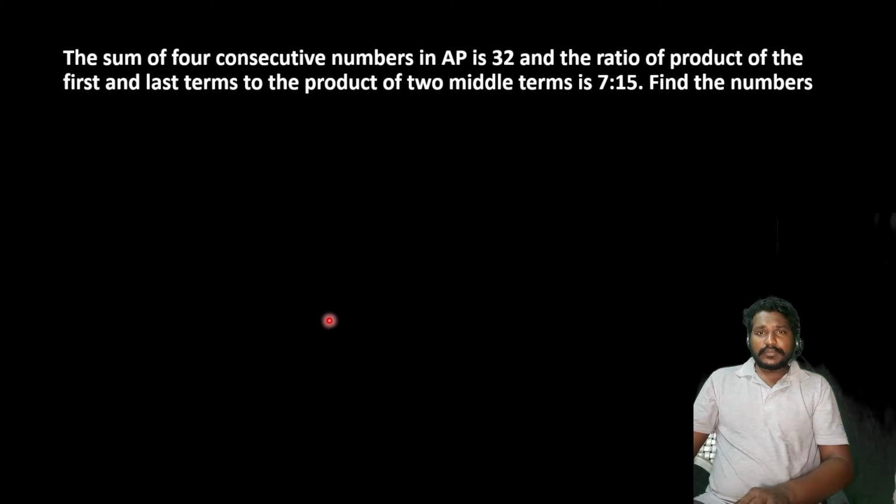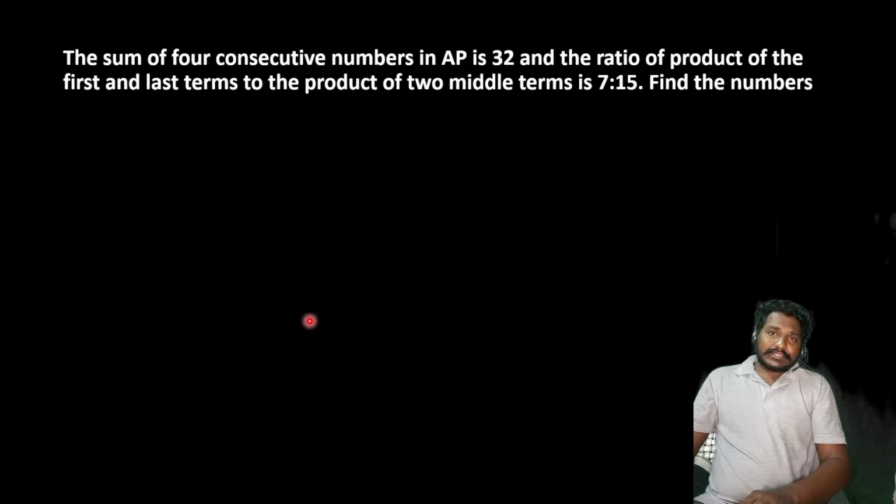But when we talk about consecutive odd numbers, we should first know what odd numbers are. Odd numbers are 1, 3, 5, 7, 9, 11, 13, 15, and so on. In odd numbers, the consecutive numbers are 1, 3; 3, 5; 5, 7.